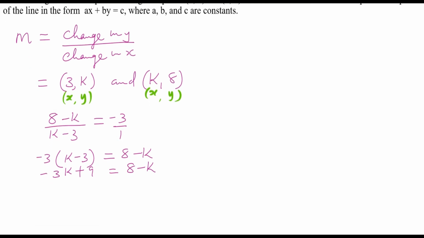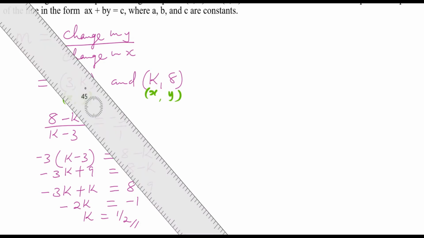Bring the k's together: -3k plus k, and take plus 9 to the other side: 8 minus 9. This gives -2k equals -1, and therefore k is 1/2. So that is the value of k.